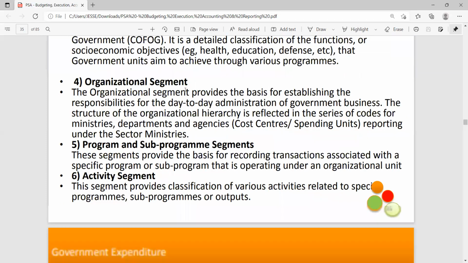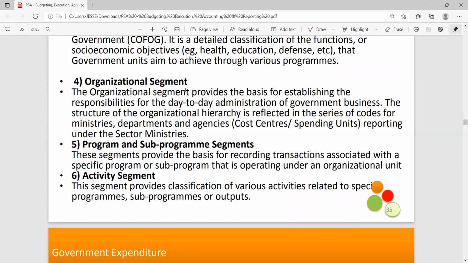Then you have the organizational segment. The organizational segment provides the basis for establishing the responsibilities for the day-to-day administration of government business. The structure of the organizational hierarchy is reflected in the series of codes for ministries, departments, and agencies reporting under sector ministries.